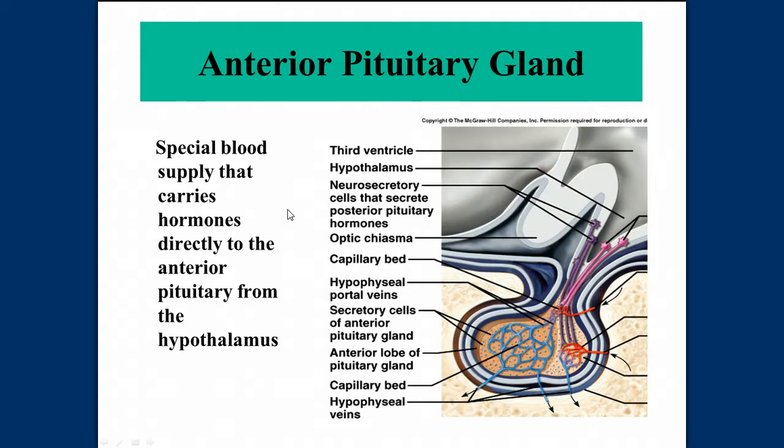Again, a special blood supply carries the hormones directly to the anterior pituitary gland from the hypothalamus, and we can see this here. There's the anterior lobe of the pituitary gland, there's the posterior lobe. The anterior lobe is influenced by hormones produced in the hypothalamus that are picked up by the blood.